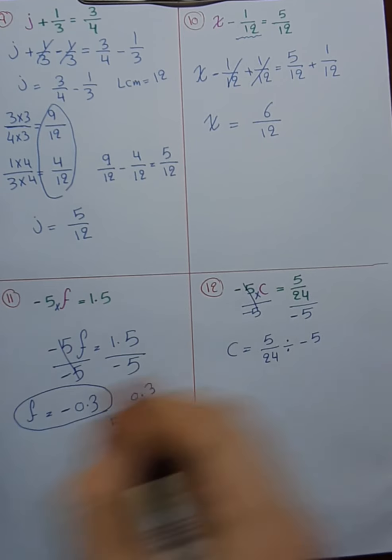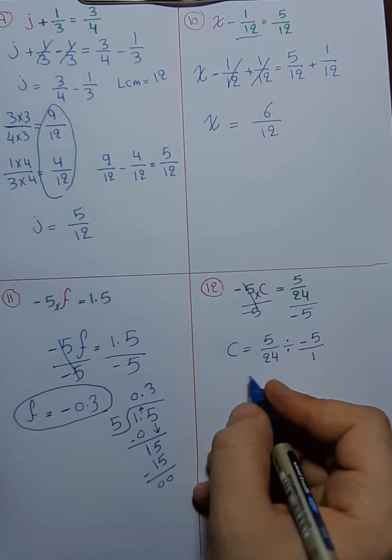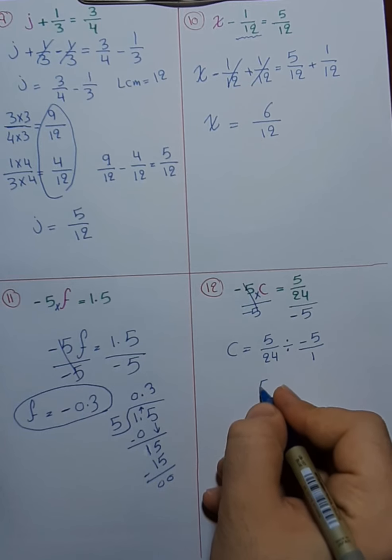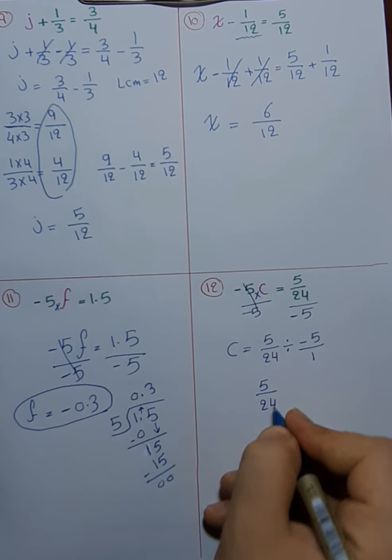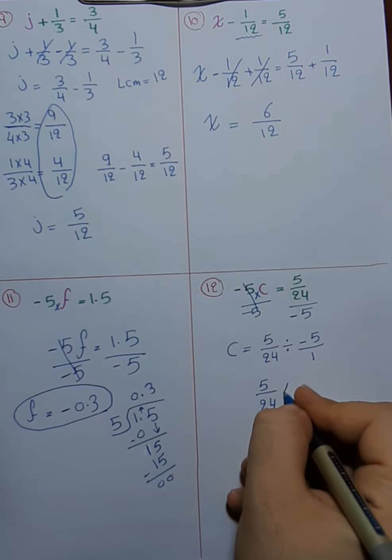We have to change this whole number to a fraction by writing 1 as a denominator for negative 5. Now we can divide. We have to write the first fraction without changing, 5 out of 24, and change divide to multiply, and write the reciprocal of minus 5 out of 1, equal to 1 out of 5.